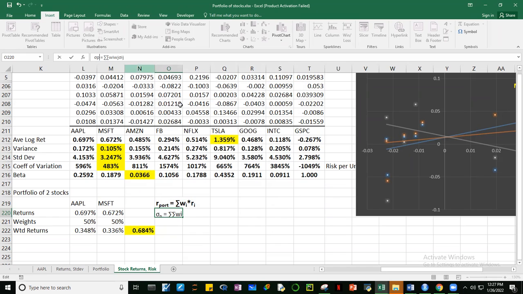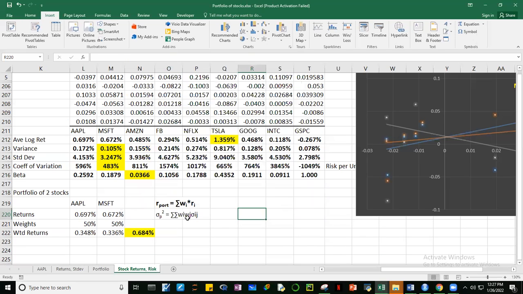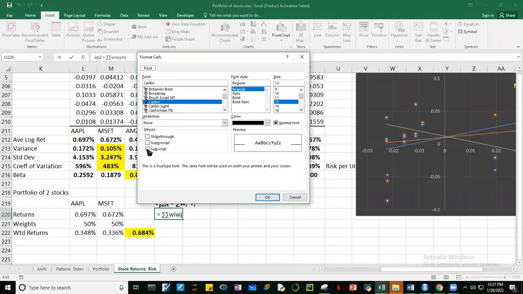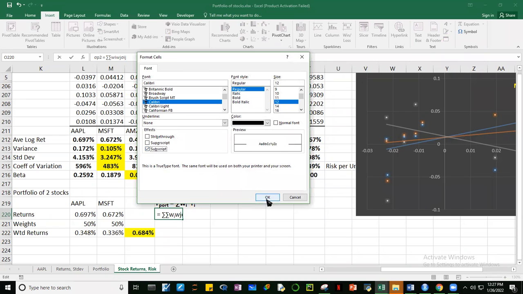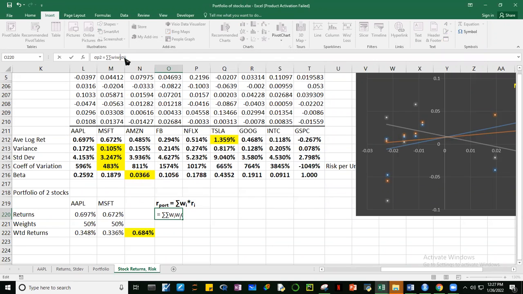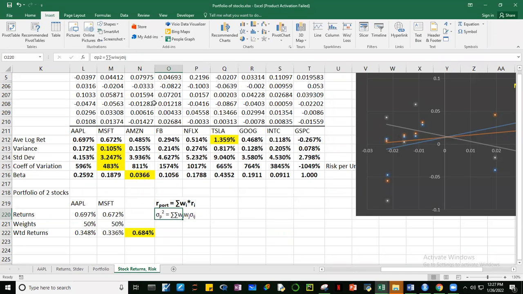May 2 pa pala dito. 2. Pasensya na guys sa formula, pero explain lang natin to next time. Okay, yun. So this is the formula.